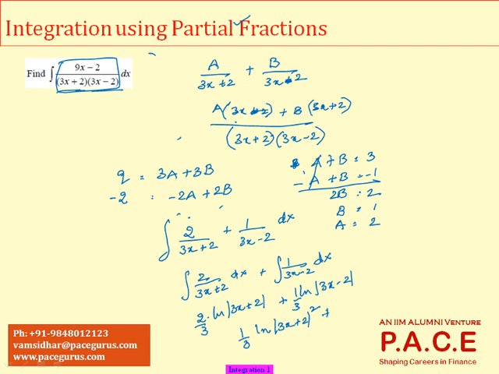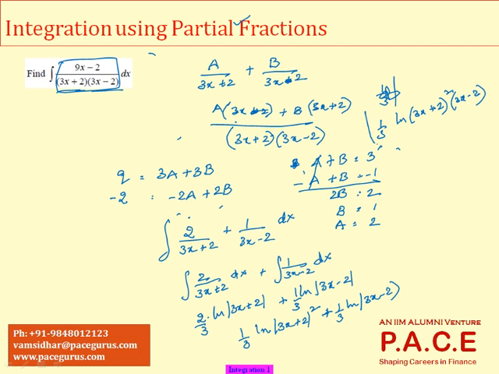And this also I can write as 1 by 3 into log 3x minus 2. Then if I take 1 by 3 out common, I know that log a plus log b is nothing but log ab. So it becomes 1 by 3 into log of 3x plus 2 squared into 3x minus 2.